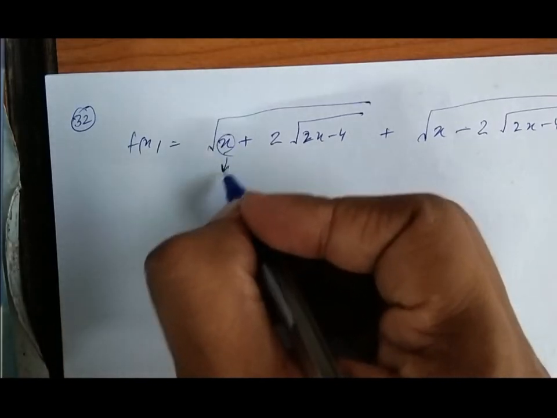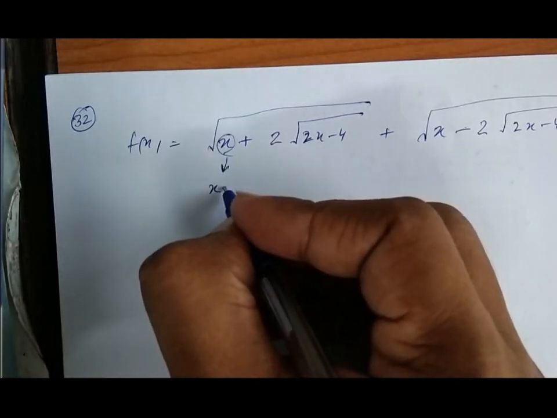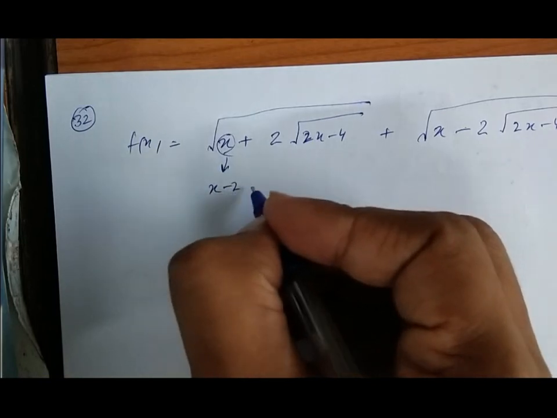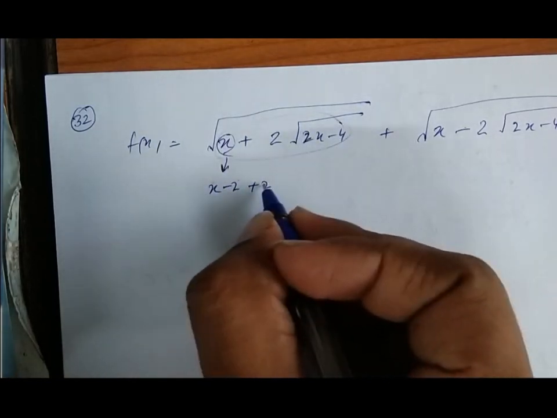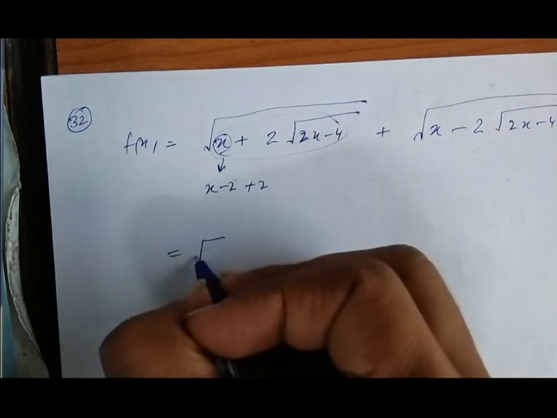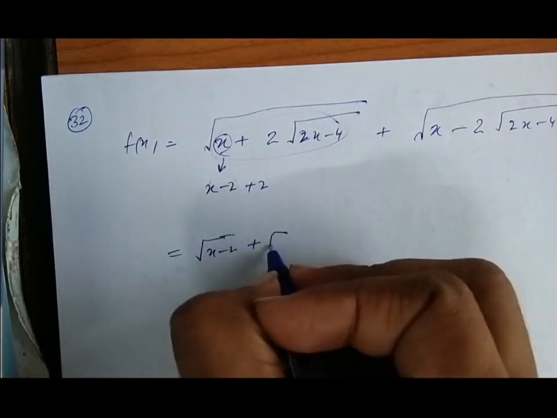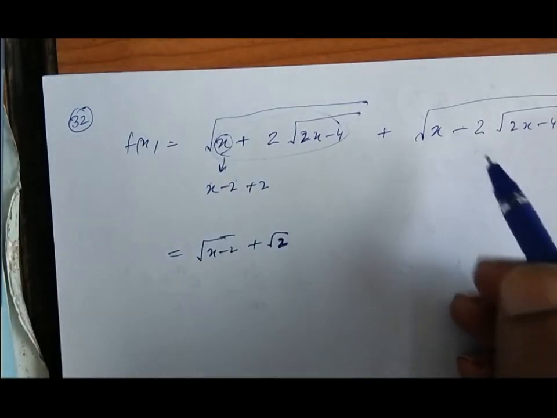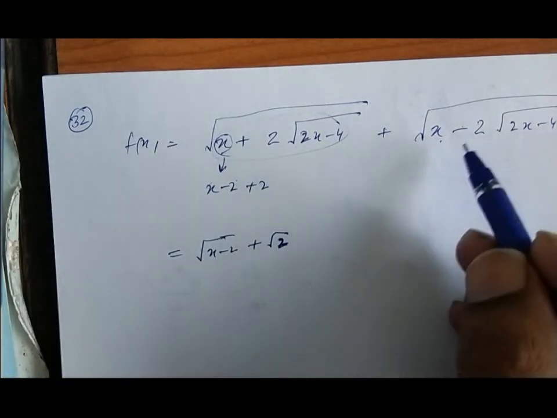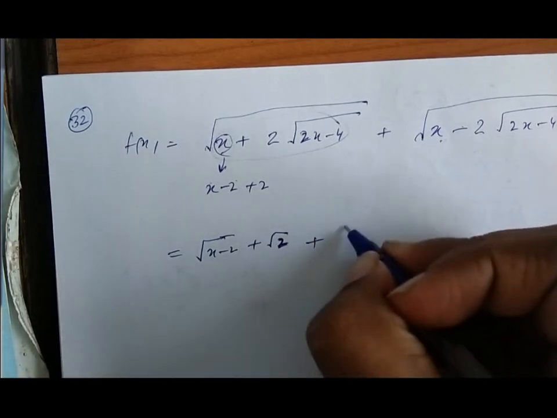So write this as x minus 2 plus 2. So this term will become root of x minus 2 plus root 2 whole square. And this term will become root of x minus 2 minus root 2 whole square.